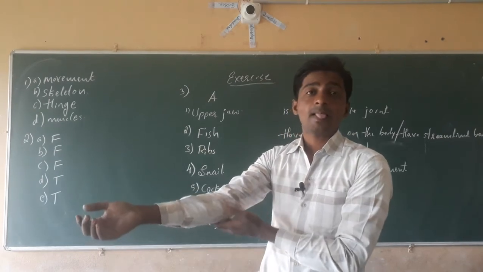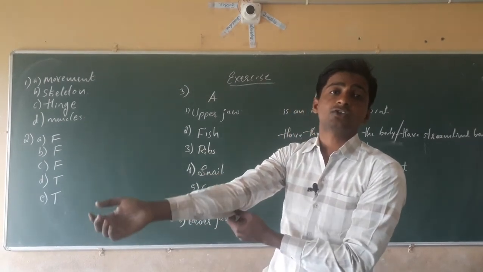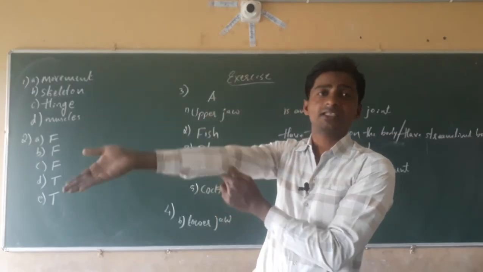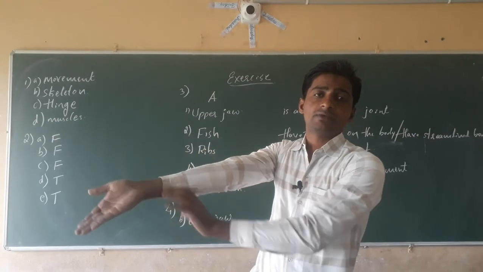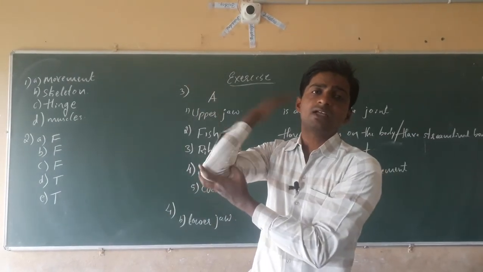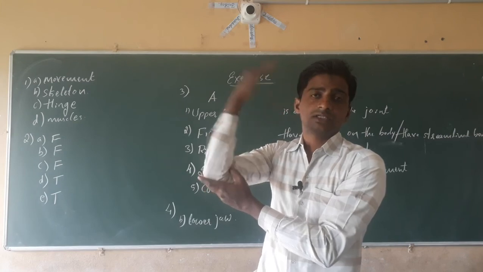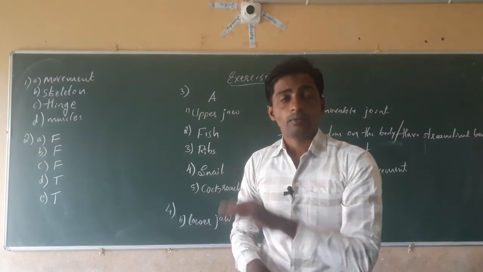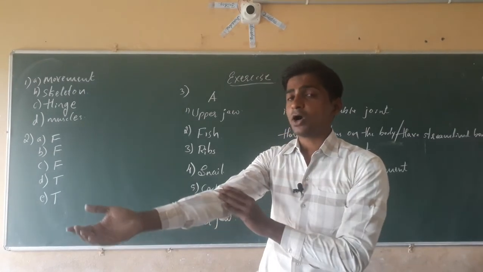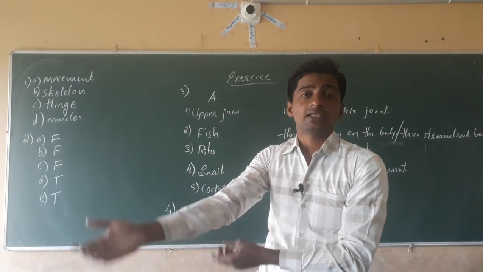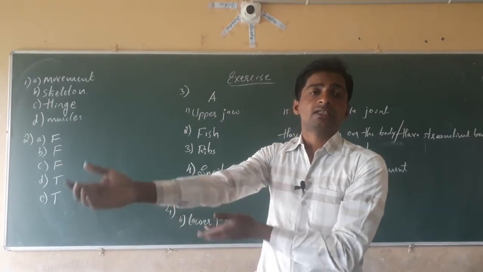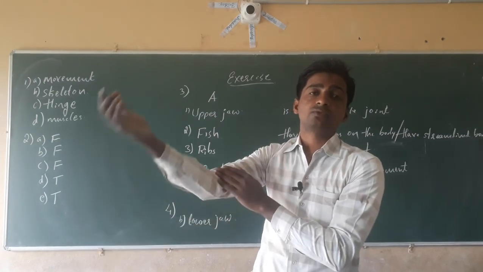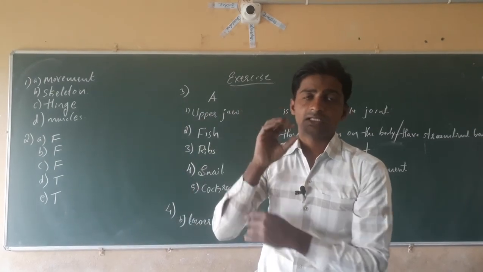Because in elbow, a special type of joint, that joint is called as the hinge, that moves only in one direction, but not in the backward direction. The hinge joint which is present in the elbow will not allow to move backward, only it allows move in the forward. Isn't it? That you have to write.